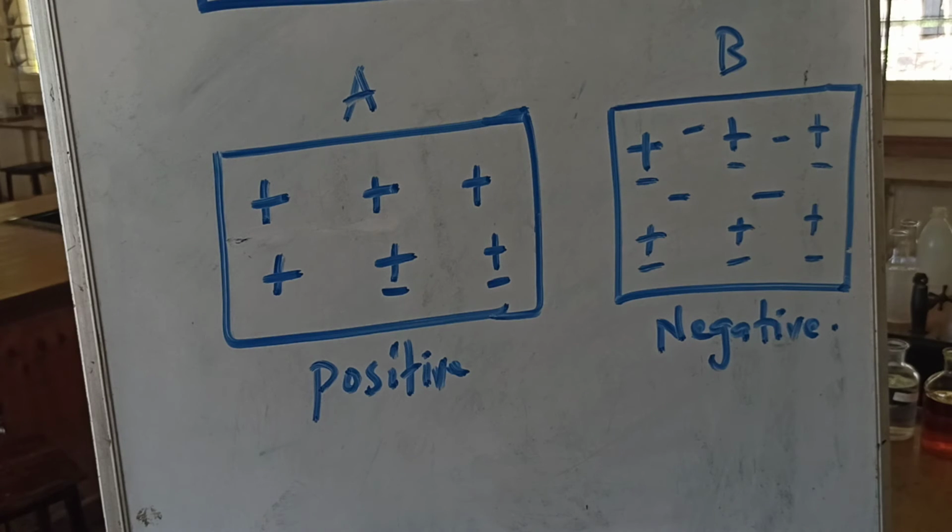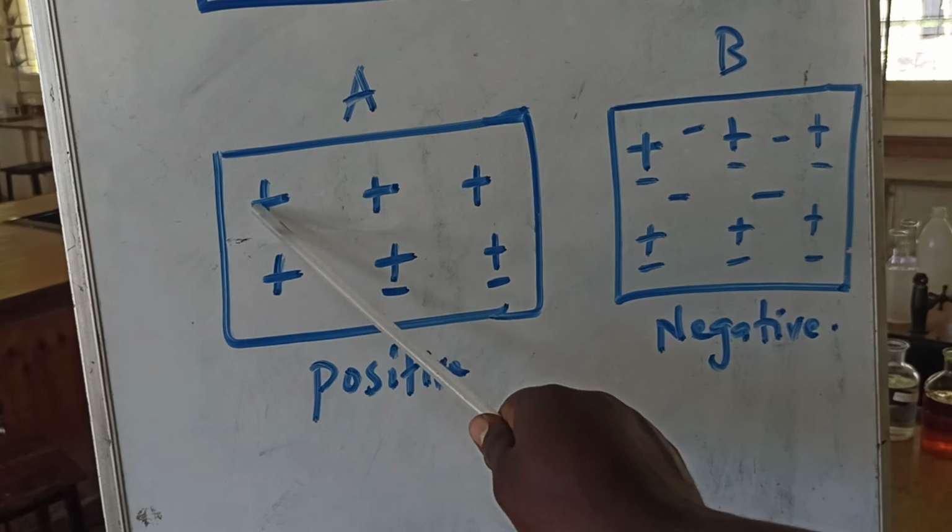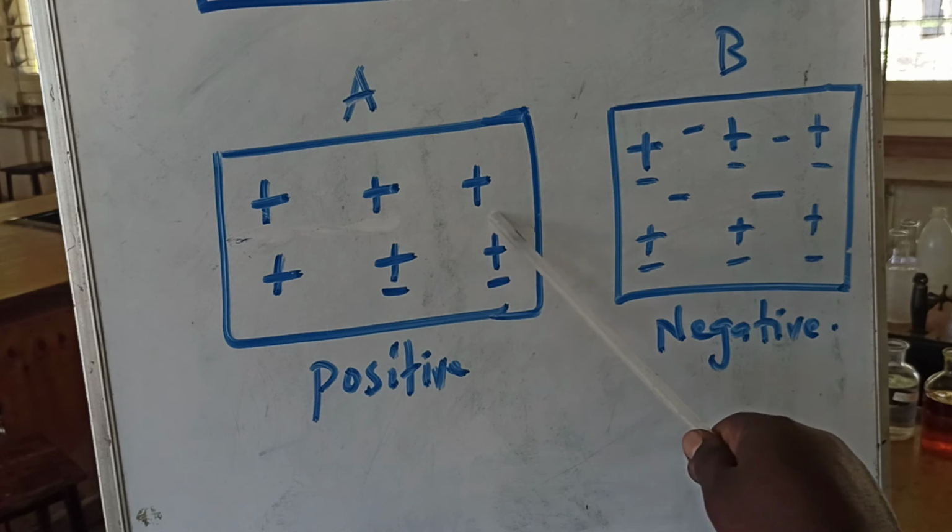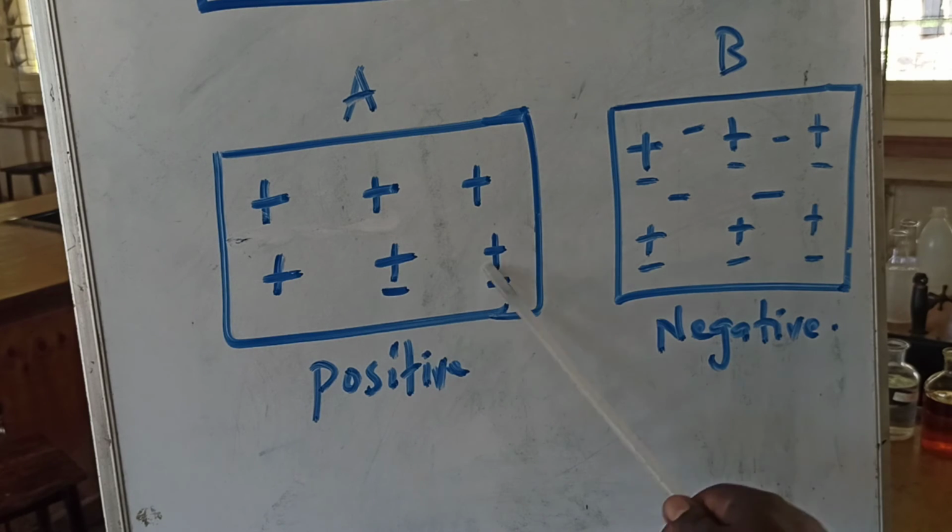There is an element I want you to understand from the start, so that as we continue we do not get confused. A material that is positively charged does not mean it has only positive charges. No. It only means that the number of positive charges is more than the number of negative charges: 6 against 2. A material that is negatively charged does not mean it has only negative charges.